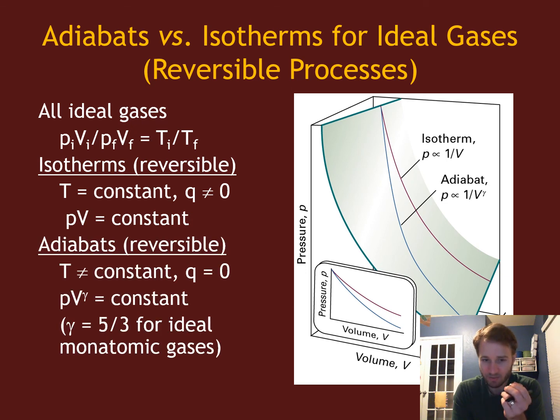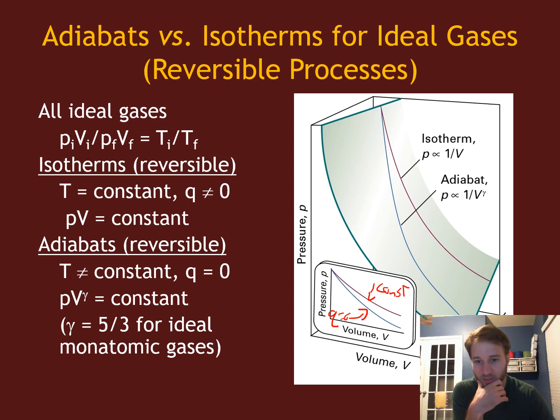For adiabatic changes, it's that pressure times volume to this gamma power, which is 5/3, is equal to a constant. And so if you were to look at the pressure volume curve for an adiabatic versus isothermal expansion, this upper curve is the constant T, lower curve, Q equals 0.